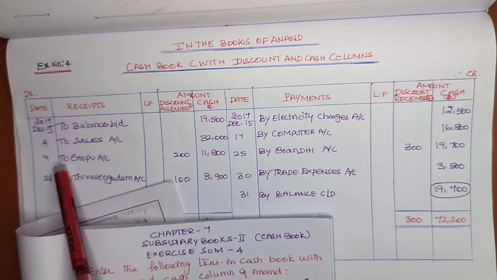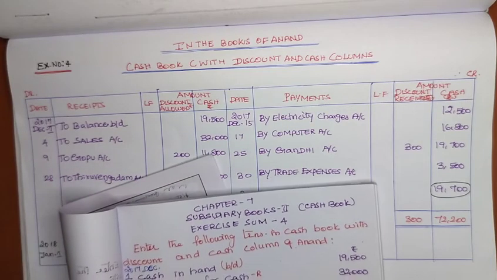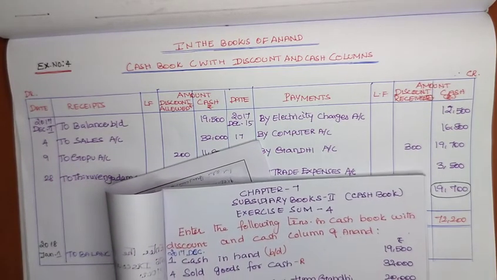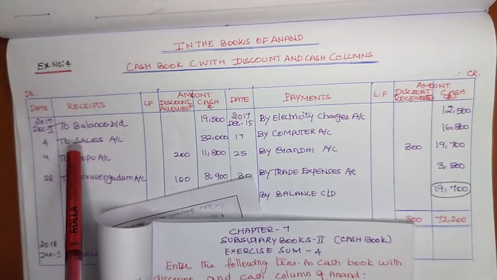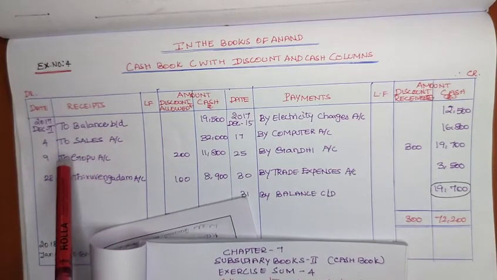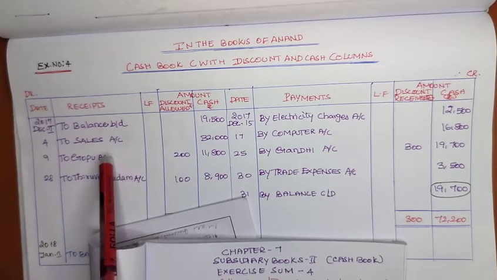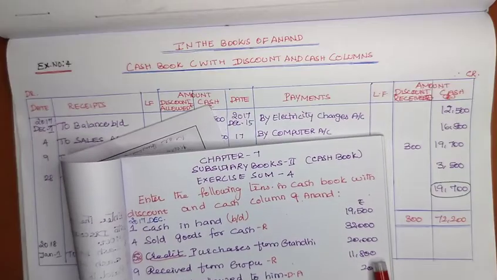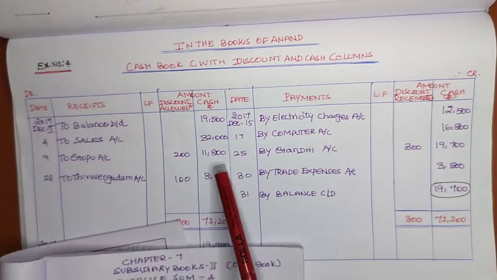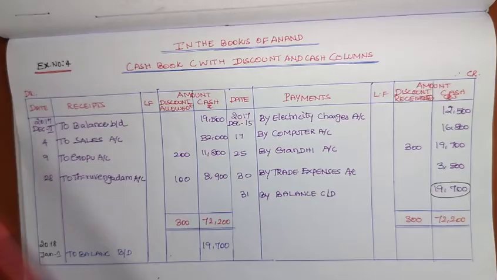Dated December 9, To Gopu, the person from whom we received cash. We enter Gopu's account here. How much did you receive from Gopu? 11,800. So that 11,800 you enter into the cash column.